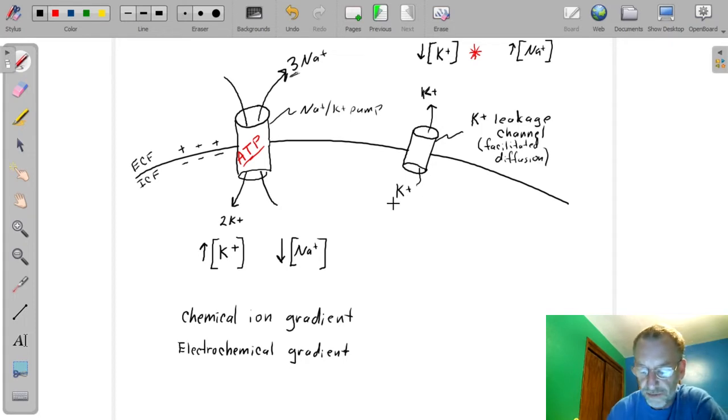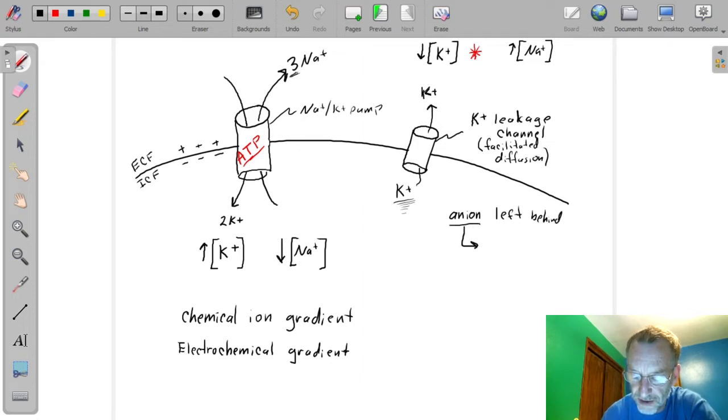And as those potassium ions leave the cell, left behind are negatively charged ions, anions. Anions are negatively charged ions.